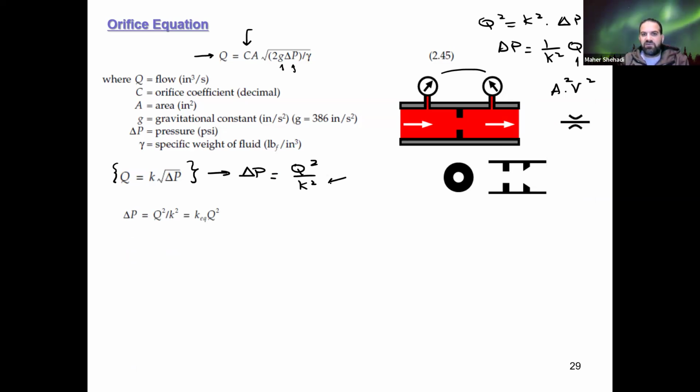So this is K for the orifice or the needle valve. Or we can use what I just did, which is 1 over K squared, and we call it K equivalent for that valve or orifice. The relation is 1 over K squared. So if they say K of the orifice, usually they would say K equivalent. They give it to you, and then they would ask you to find K. So be careful. You might have to do 1 over and then find the answer.